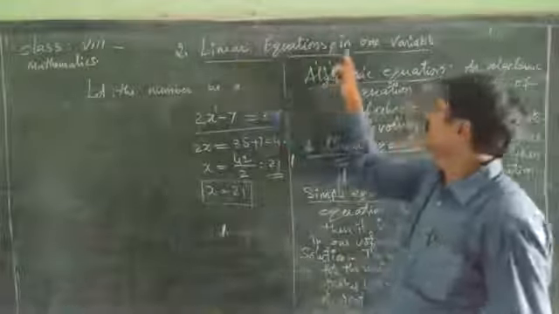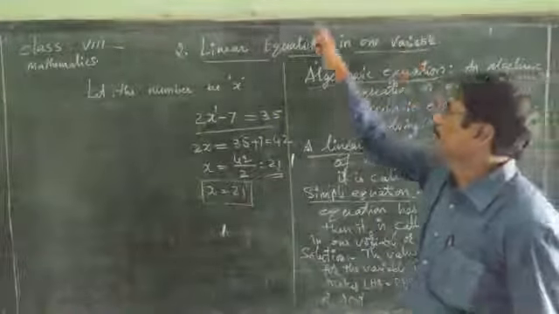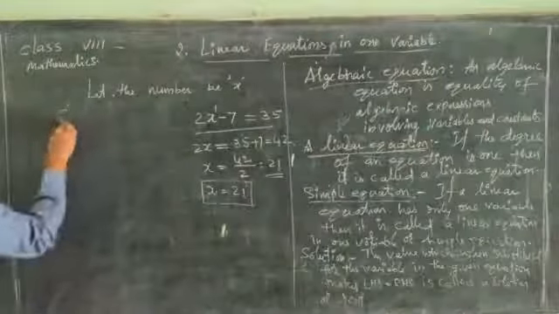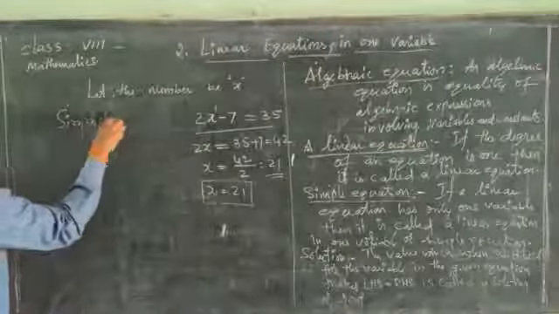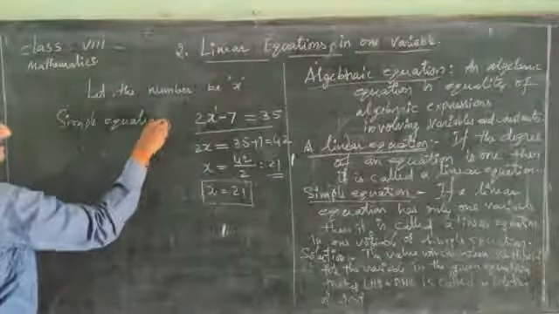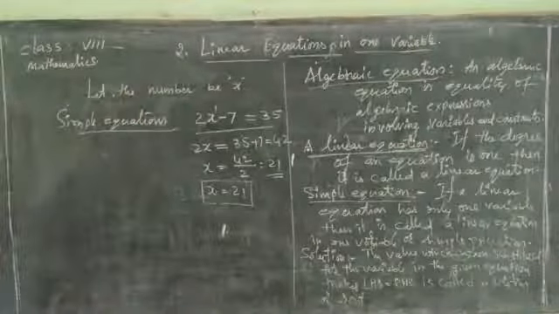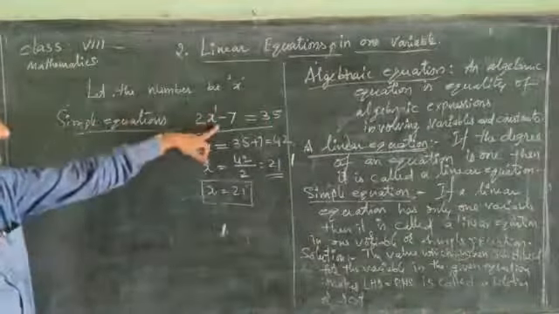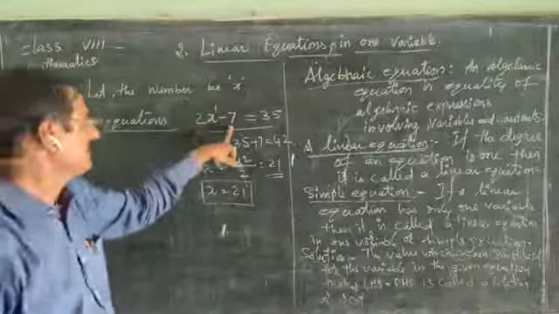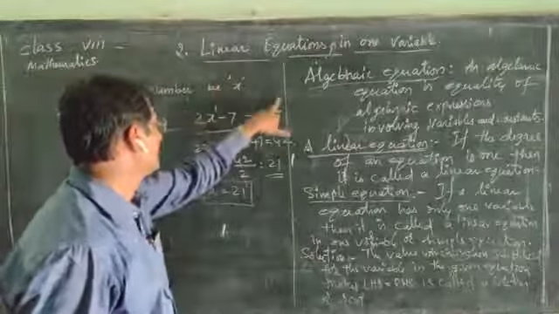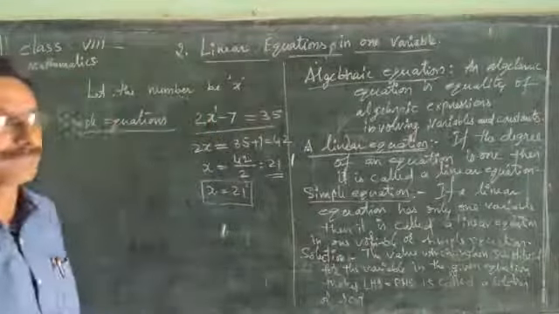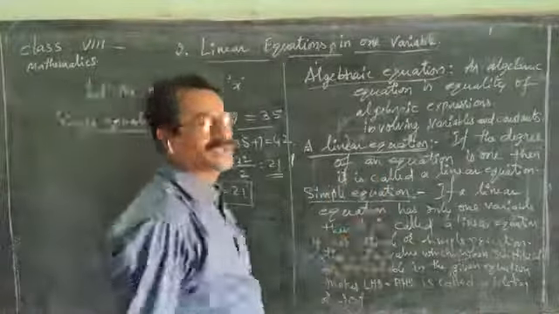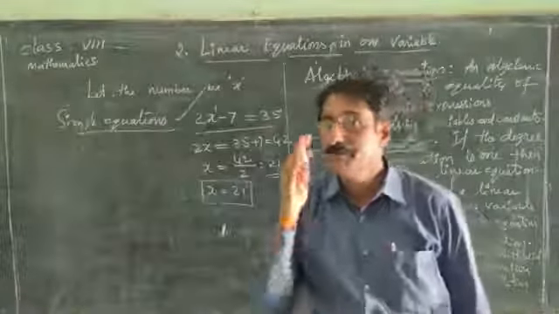Another name of a linear equation in one variable is simple equation. You observe this: 2x minus 7 equal to 35. In this equation, only one variable x with degree 1. So it is one example of a simple equation.